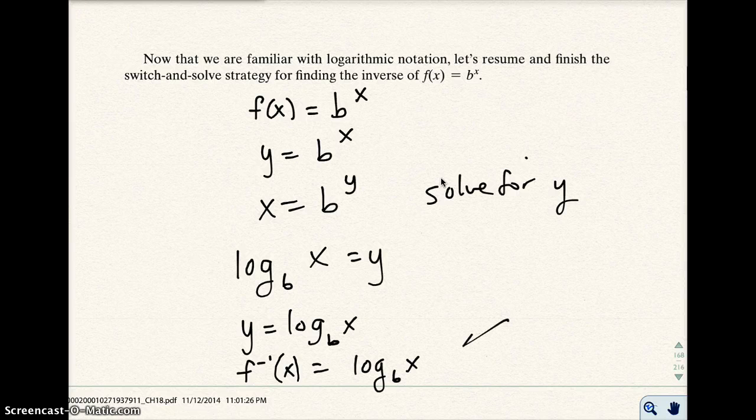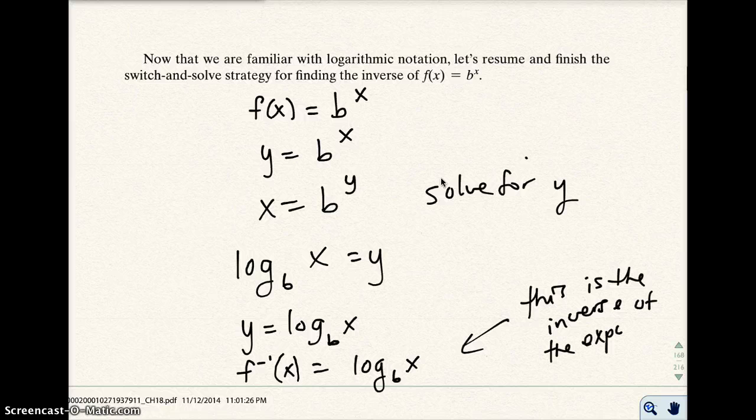Okay, and this is the inverse of the exponential function f of x equals b to the x.